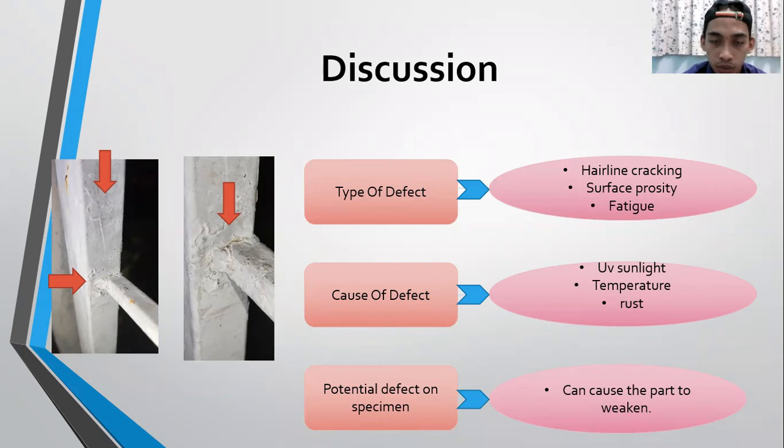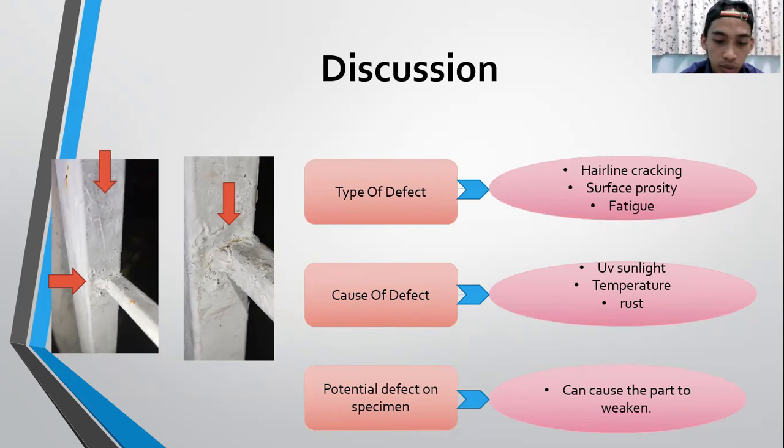So after we implemented the method that we selected, we found the types of defects are hairline cracking, surface porosity, and fatigue. Fatigue is when the surface of the material begins to crack or fracture.